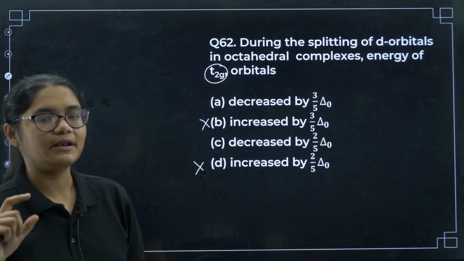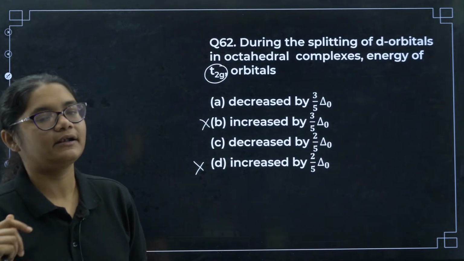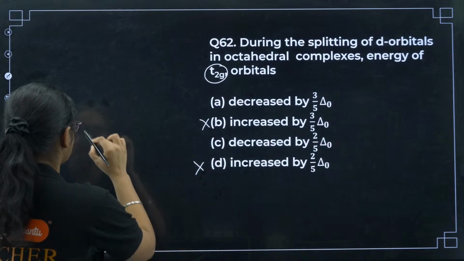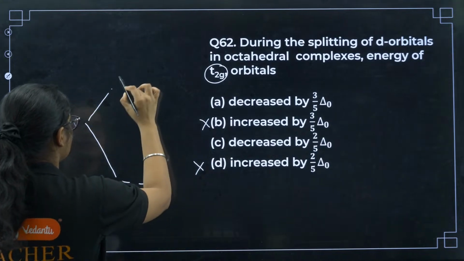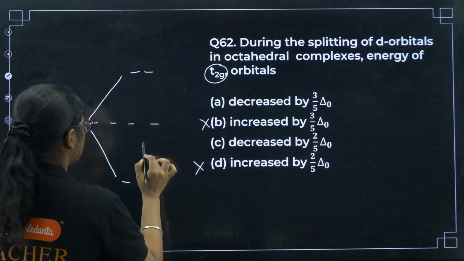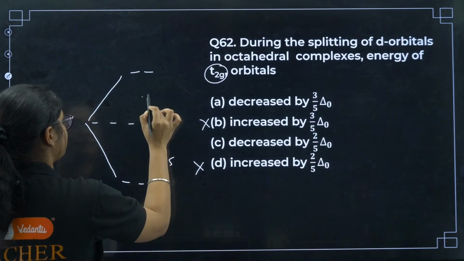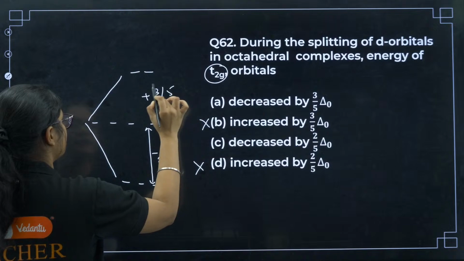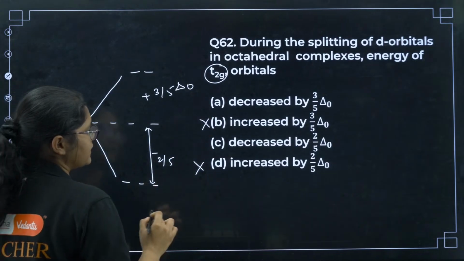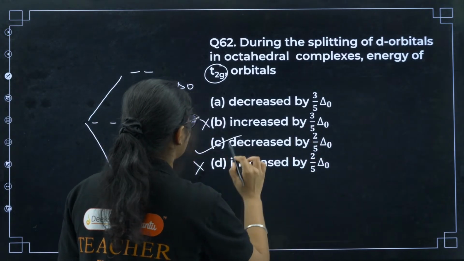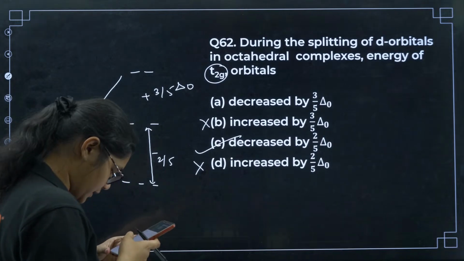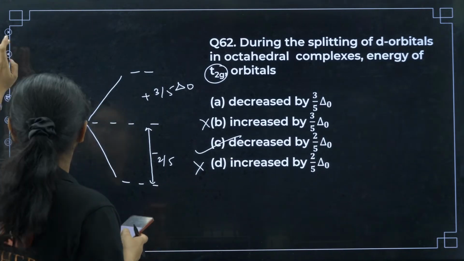If you remember, it is 2/5 delta O. In the diagram, this is the barycenter. Here it is minus 2/5 and here it is plus 3/5 delta O. So it decreases by 2/5 delta O. Yes, all of you are correct here.